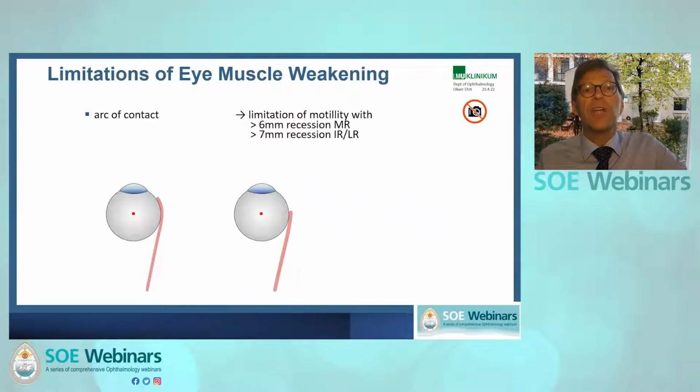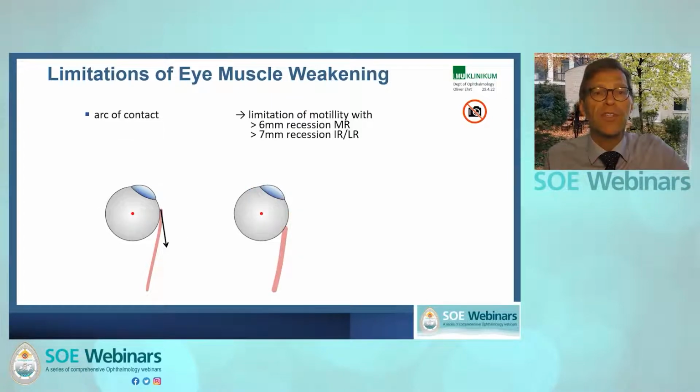There are some limitations when you weaken a muscle. One is the arc of contact. For example, on the left side, you see a normal muscle. When the muscle contracts, the eyeball rotates, but the muscle force is still maximum to rotate the globe because it's perpendicular to the surface of the globe.